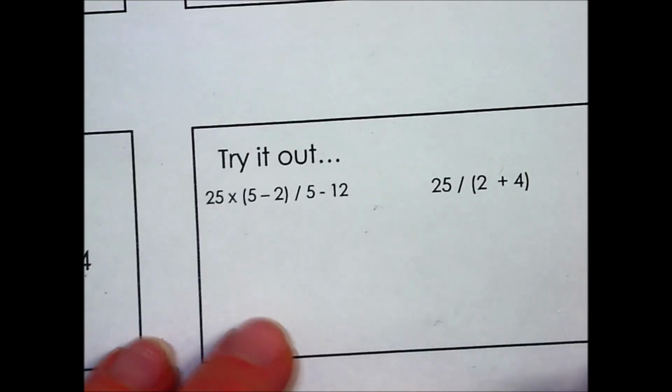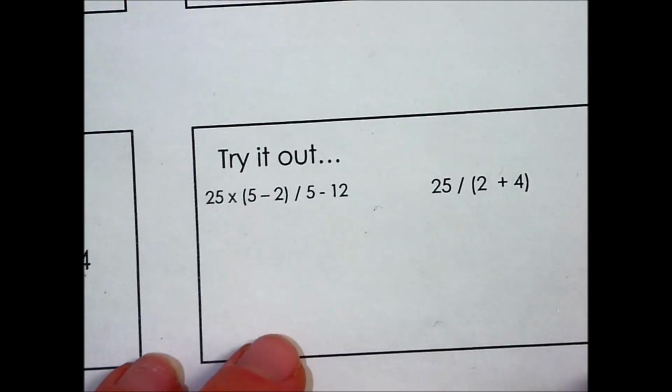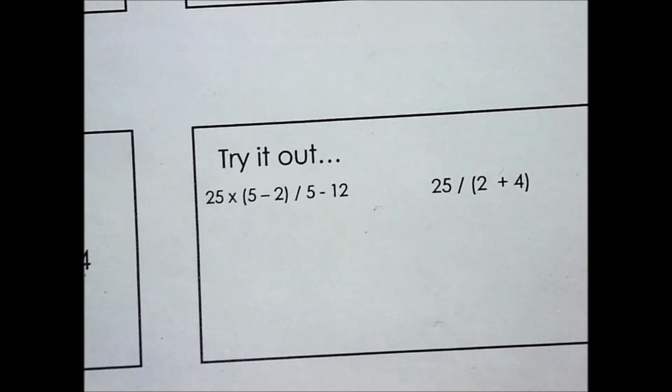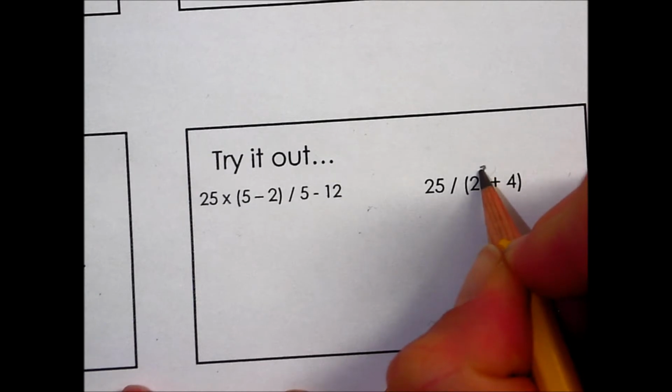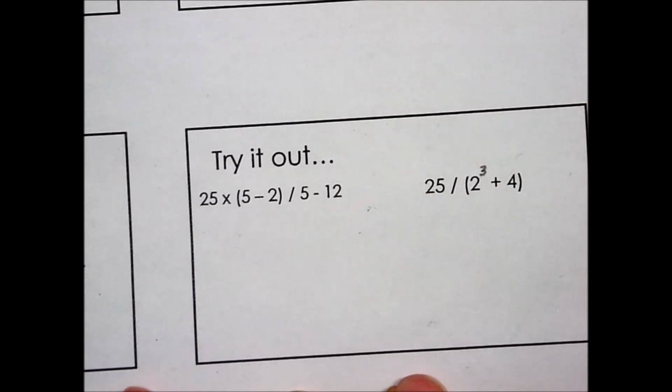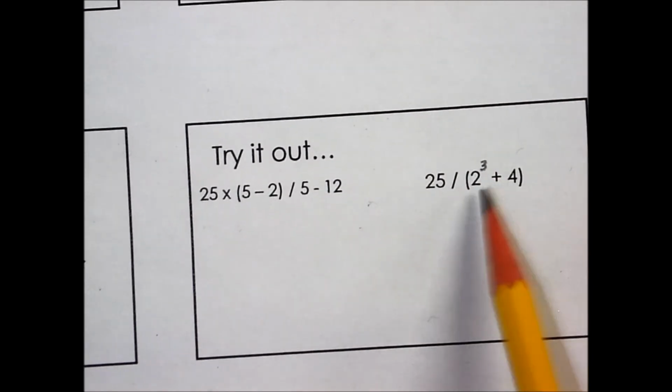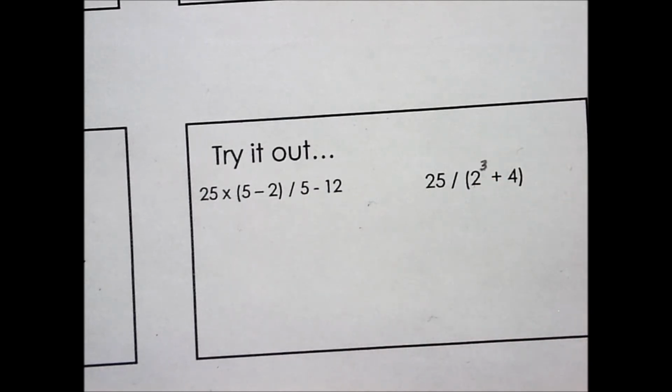Now we're going to pause the video so that you can try it out. On this one, I have a 2 cubed here, and that didn't come out with the printout either. So make sure you work 2 cubed.